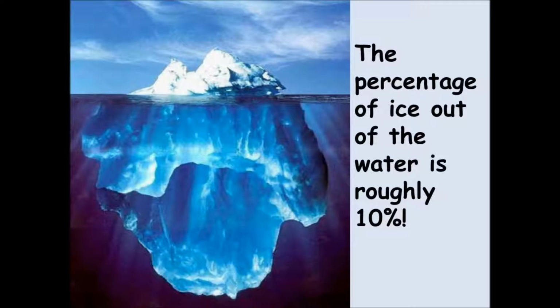Well, when water is at its most dense, it is 4 degrees Celsius. So when it freezes, it becomes less dense. So the percentage of ice out of the water is roughly 10%. I think it's a beautiful photograph. It certainly may be doctored, but it certainly tells a story that is no lie.